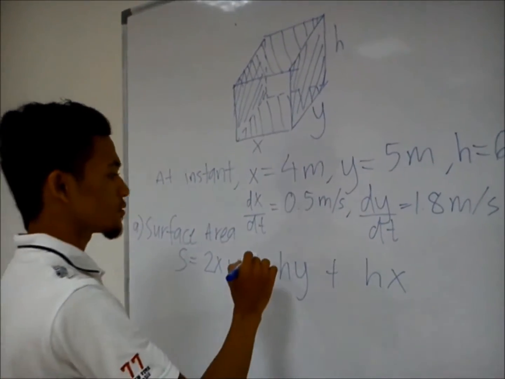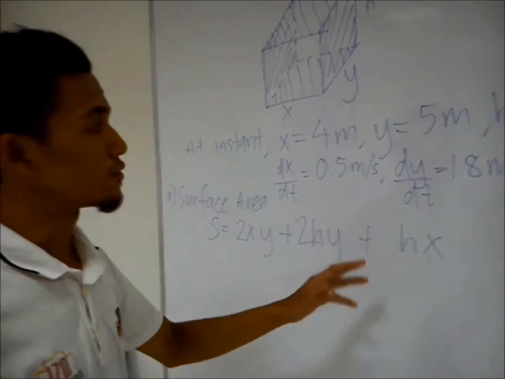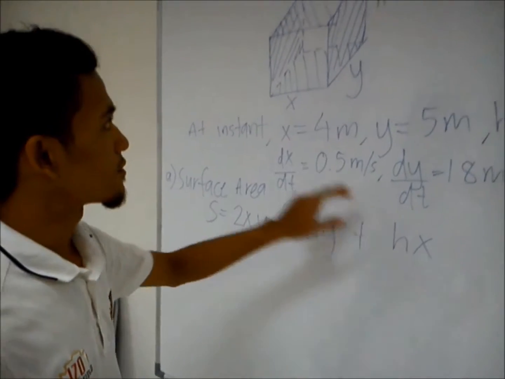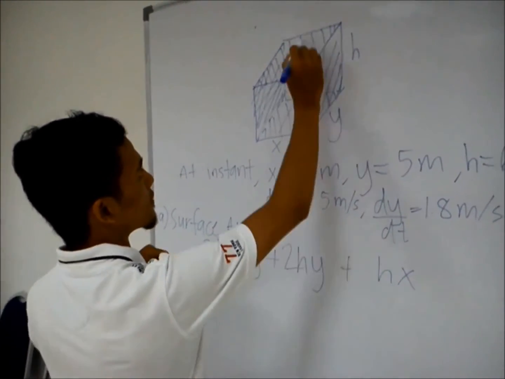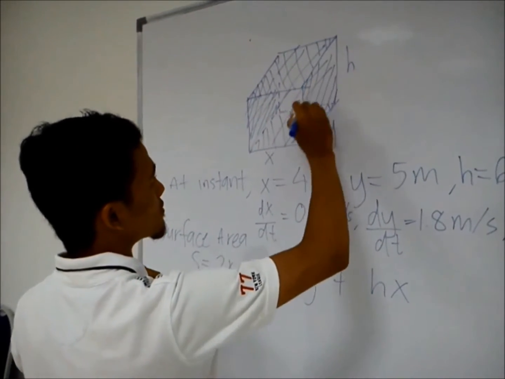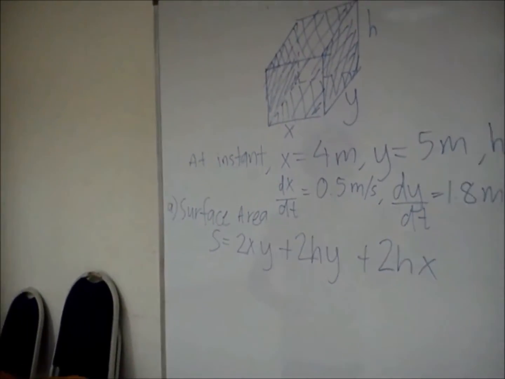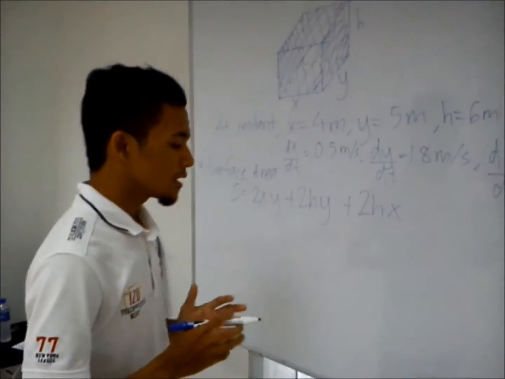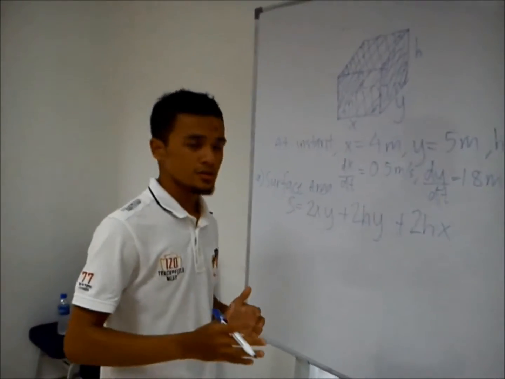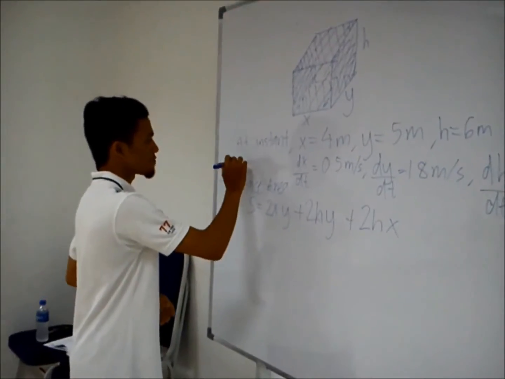So basically it's also 2 here, and same goes to h multiplied with x, which is here at the front, and then there is another at the back. So it's also 2. So what we need to do is form an equation to find the rate of change of surface area.